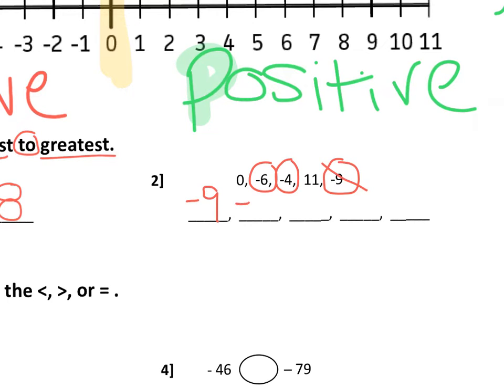Next would be negative 6. Then negative 4 would be my greatest negative number. And then 0, because remember 0 is neither positive nor negative. It's neutral. But 0 is still greater than every negative, but less than every positive. So then 11 here would be my greatest number. Okay? And be sure to use your number line if you need to.